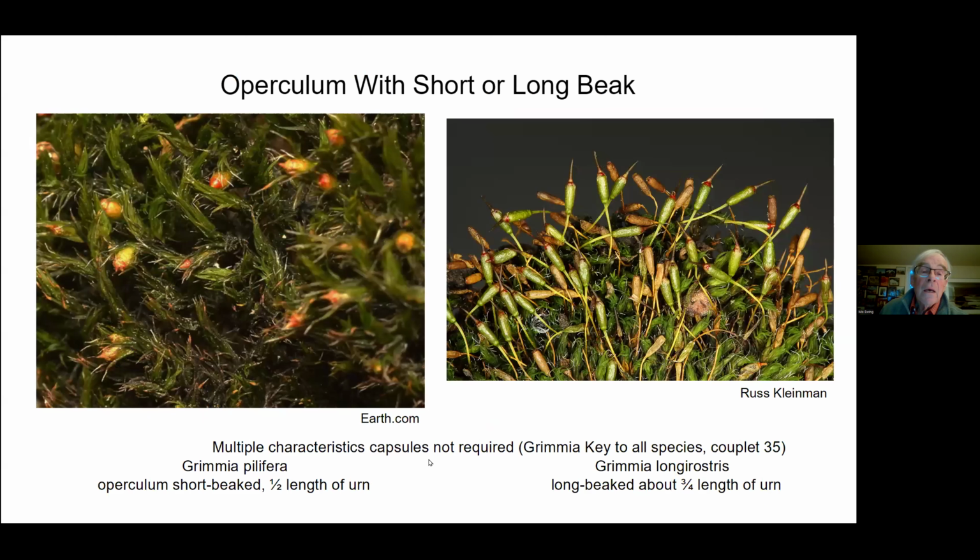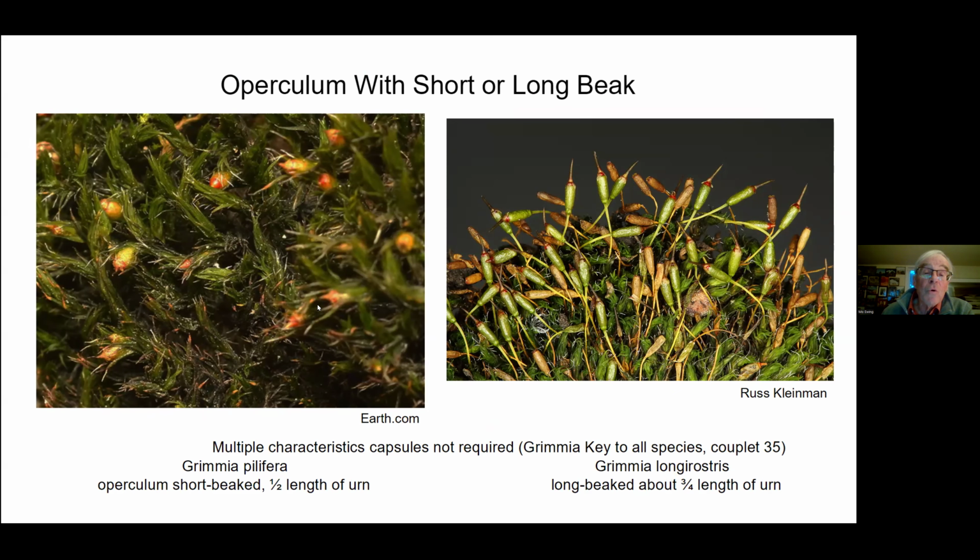Okay. The operculum is used to distinguish some species. In the Grimmia all species key, couplet 35, Grimmia prolifera is separated from Grimmia longirostris by whether or not the operculum is short-beaked, which you can see here.